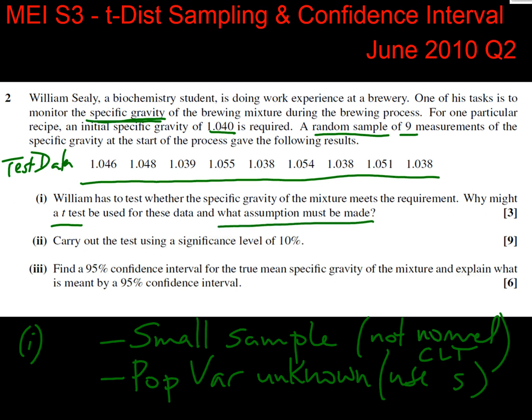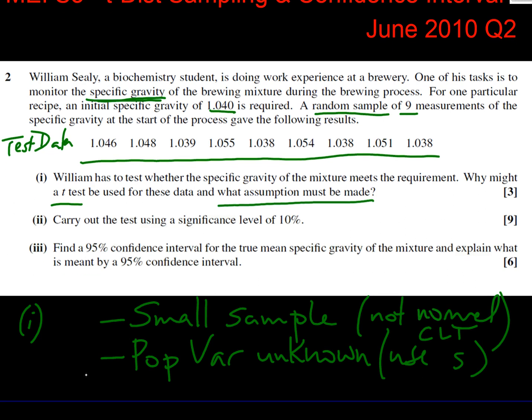This is the final part of our 3-card trick: that the population is normally distributed. I.e., if we dipped loads of beer and tested its specific gravity, the distribution would be normal. Okay, so there's our 1, 2, 3 points we're making to get 3 marks.